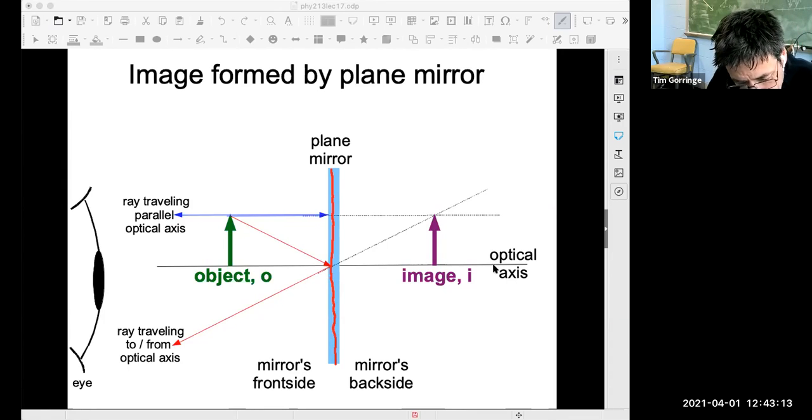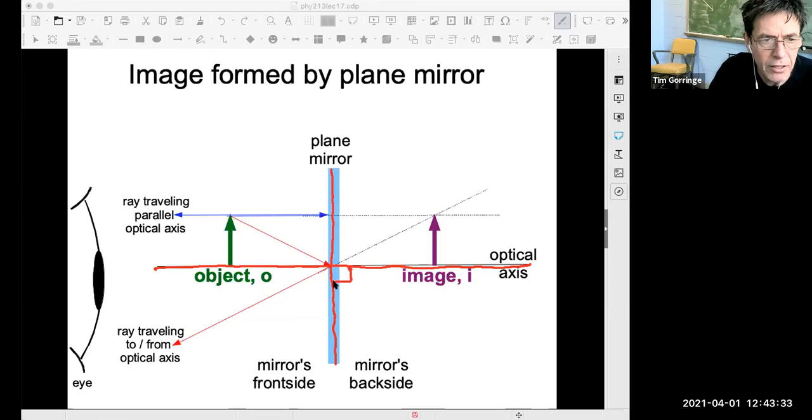Over here on the left, we're going to be talking about the object. And over here on the right, we're going to be talking about the image. But connecting those two, this line here, which runs at right angles to the surface of the plane mirror, is what we call the optical axis.